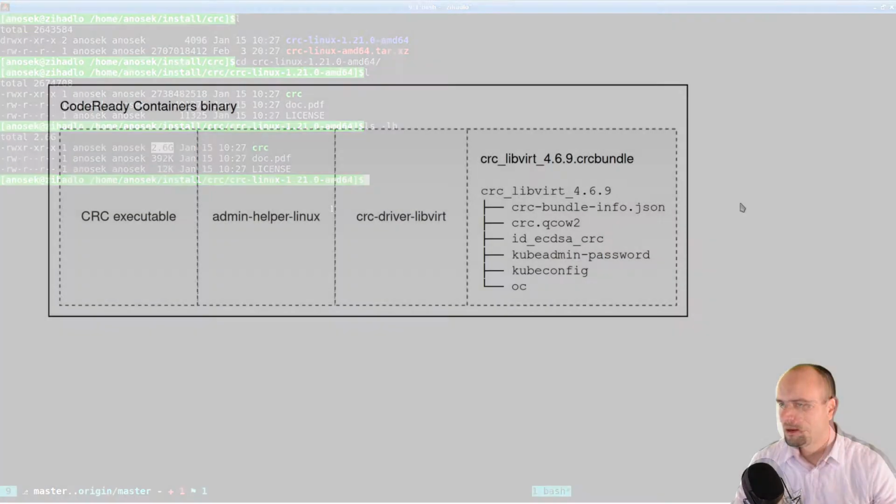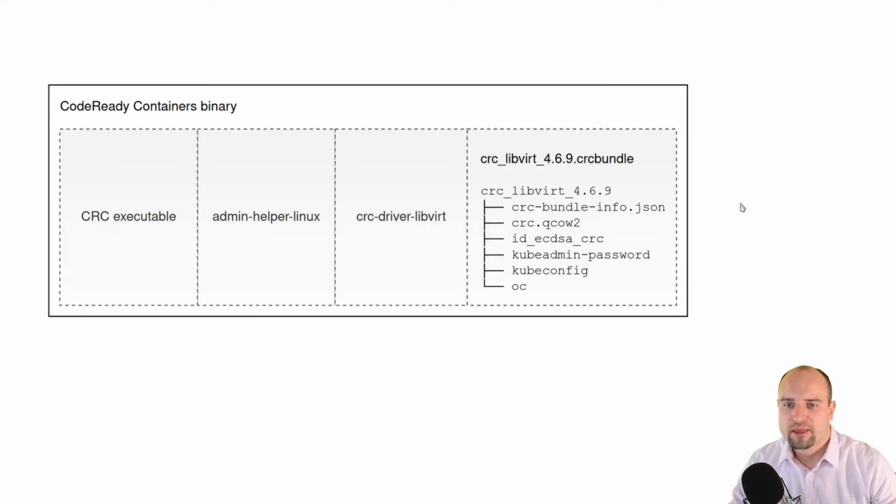Let's take a look. This diagram shows the internal structure of the CodeReady Containers binary. You can see that on the left side, the binary includes the CRC executable. That is the executable code that we are running when working with CRC. In addition, there is also another executable called admin-helper-linux.